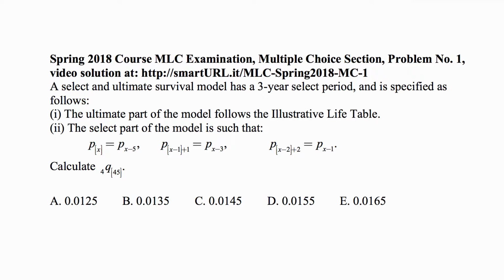Probability of survival for the population selected at age x minus 1, at age x minus 1 plus 1, is the probability of survival in the table at age x minus 3, and then p of x minus 2, select, plus 2 is p x minus 1. Calculate the probability of dying for a person age 45 selected at that age over the next 4 years.